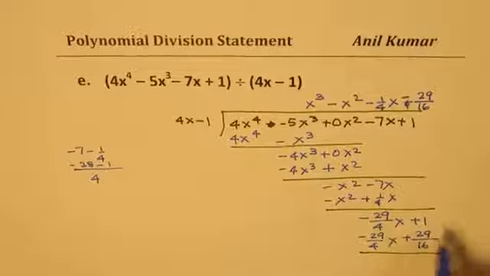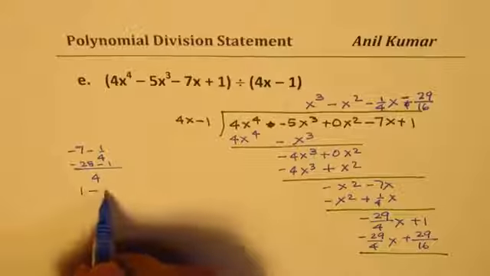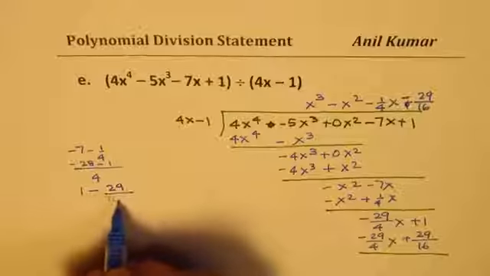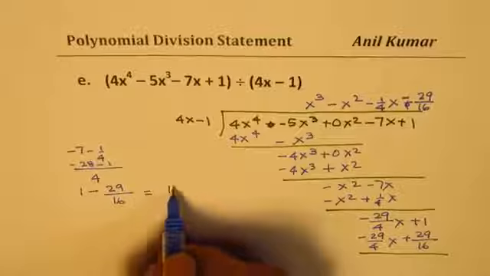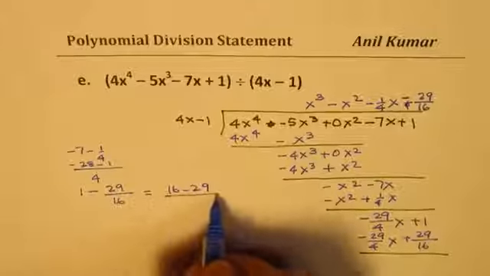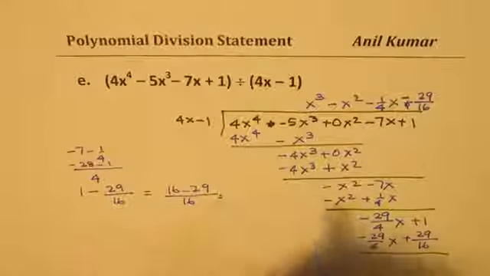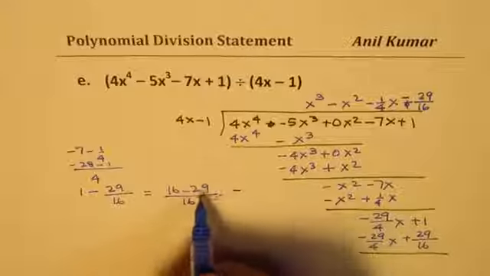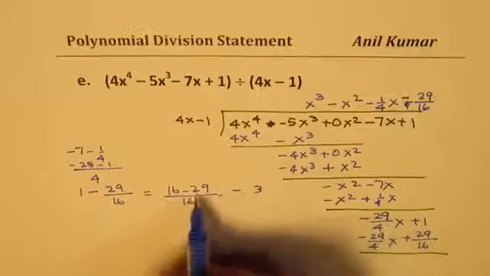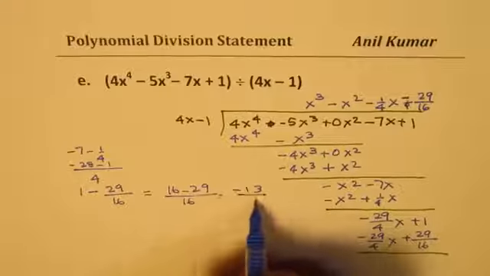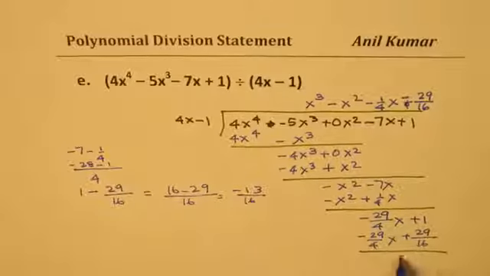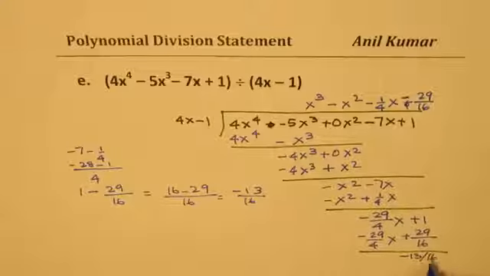So the remainder now here is, from 1 we have to take away 29 over 16, and that is 16 minus 29 over 16, right? So that is a negative number. From 9 I can write 3, and then from 2 as 1, 13 over 16. That is the remainder, minus 13 over 16.